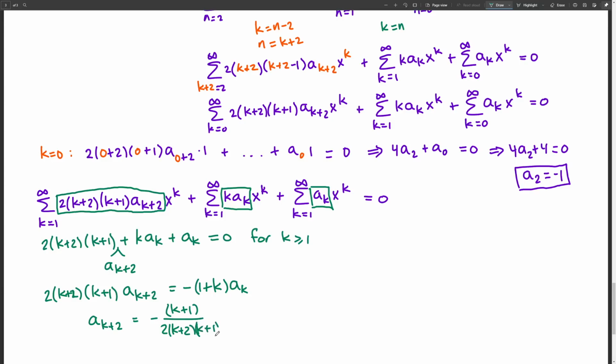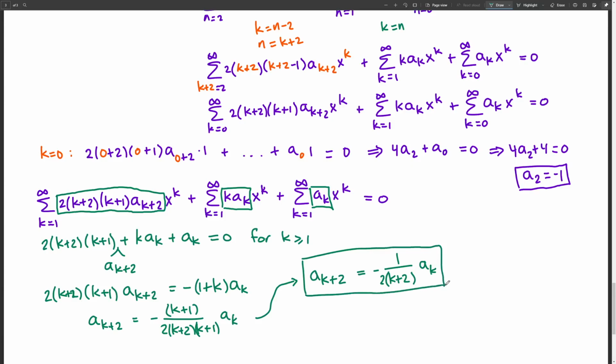And what we see is that k plus 1 actually factors out. And so our most simplified recursive relation is a sub k plus 2 is equal to negative 1 over 2 times k plus 2 times a sub k. That is our recursive relation for the coefficients.